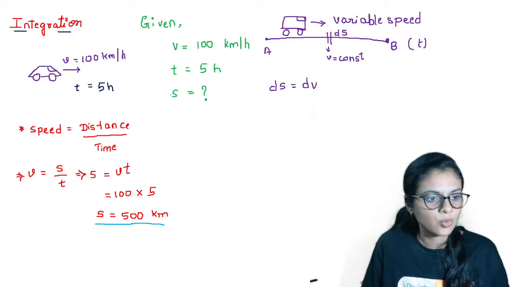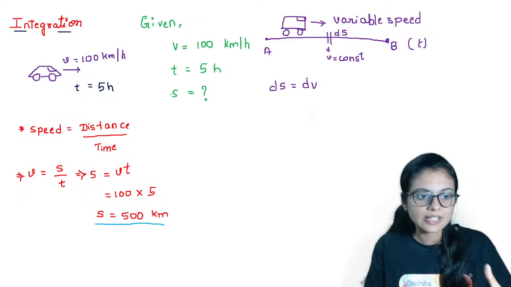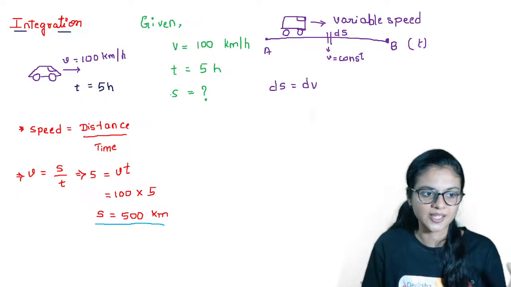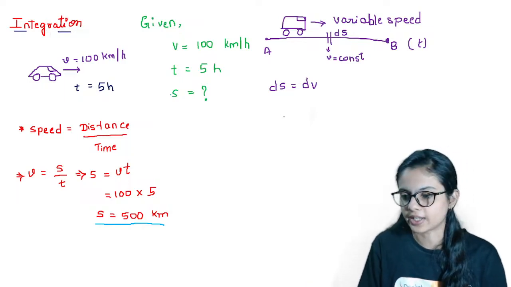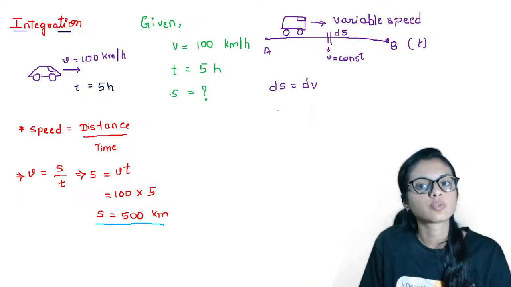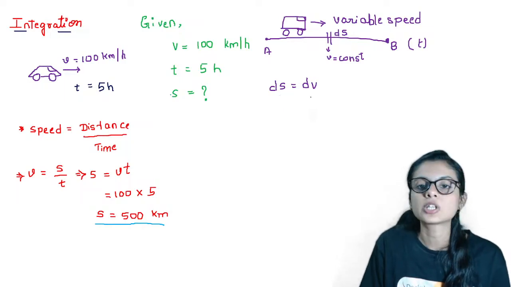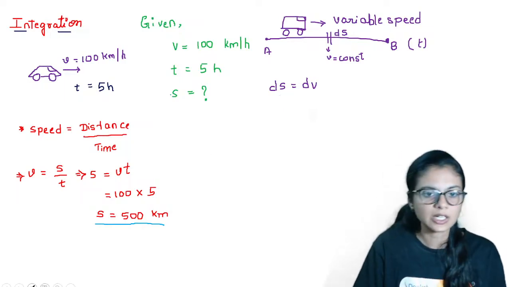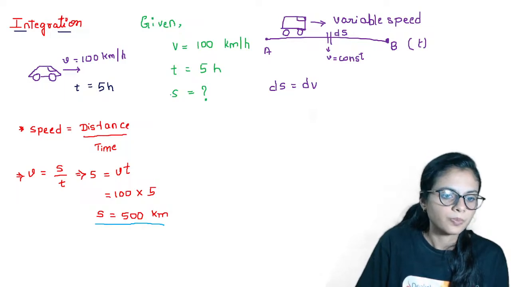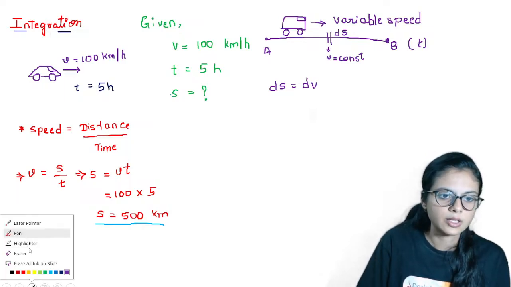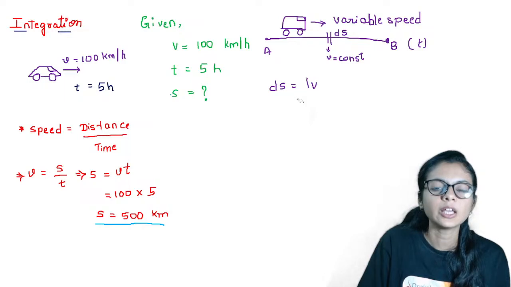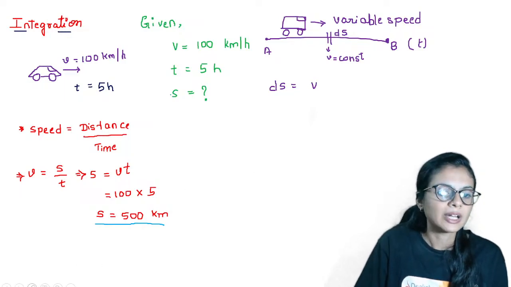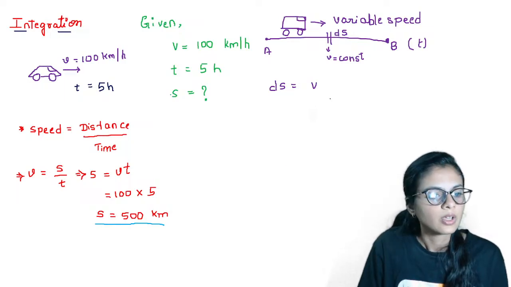I just want to make you guys understand these concepts more than anything else. So I am speaking about the small distance, because there the velocity is constant. So I will consider v. I'm not considering dv because v is constant. But time is changing. I'm considering a small time interval.